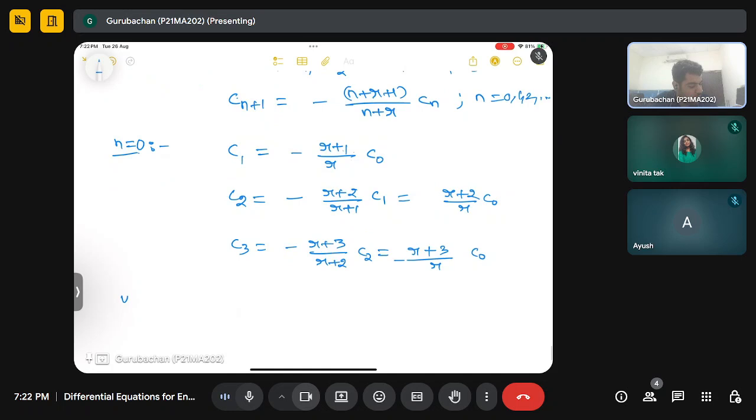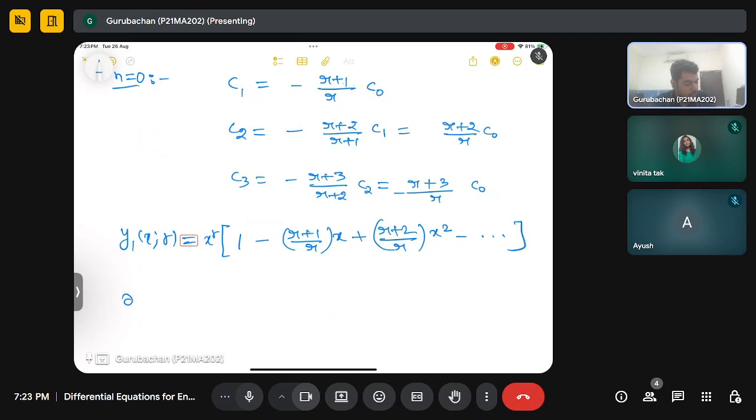So your y1 x in terms of r will come out to be x to the power r, with C naught taken to be 1, times 1 plus C1 r plus 1 divided by r x to the power 1, plus r plus 2 divided by r x squared, and so on.